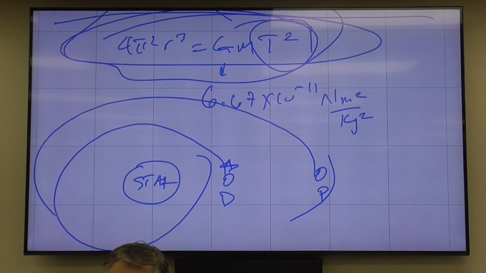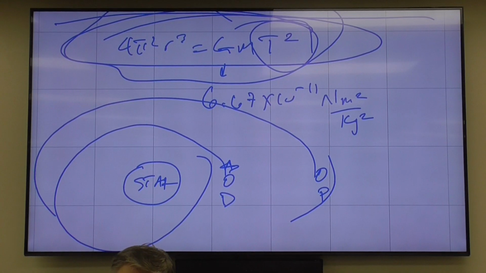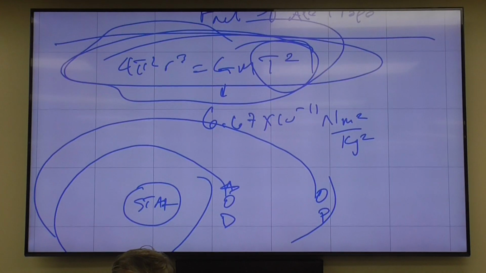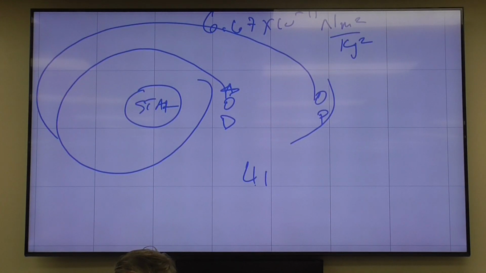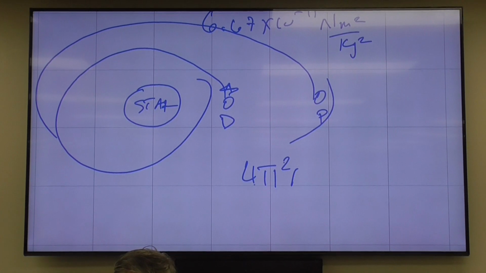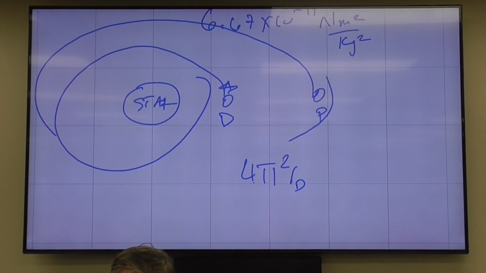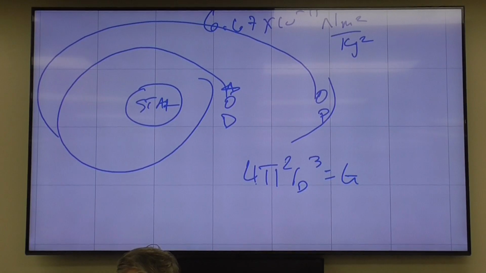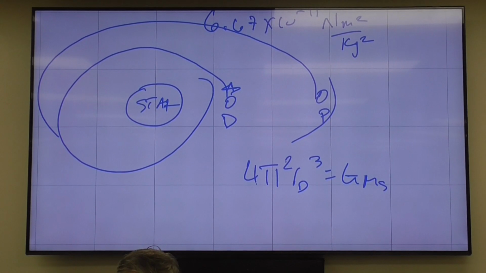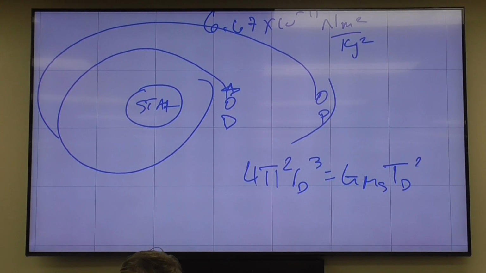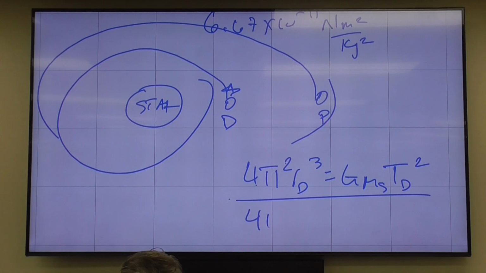That's just the r cubed over T squared thing. If you start with 4 pi squared times the radius of Danny cubed, that equals big G times the mass of the star times the period of Danny squared, over 4 pi squared times the radius of Preston cubed, equals big G times the mass of the star times the period of Preston squared.